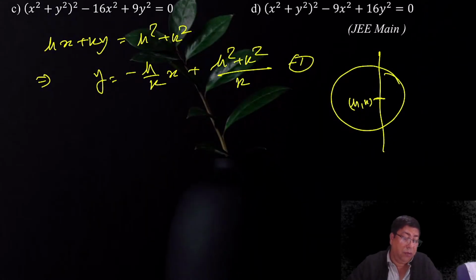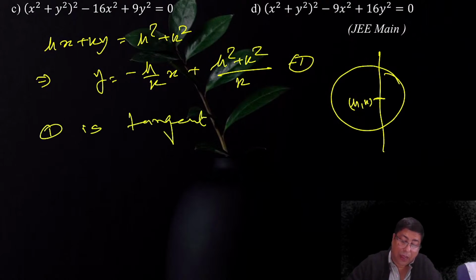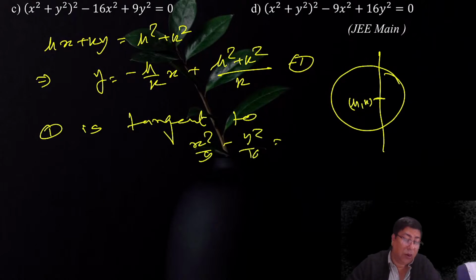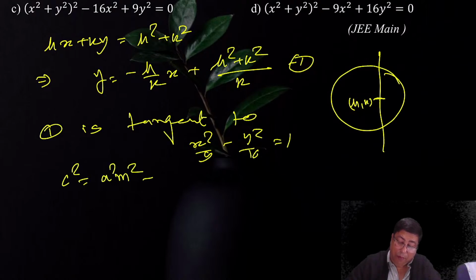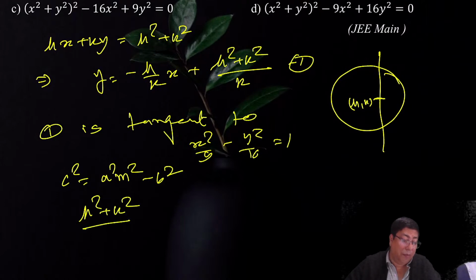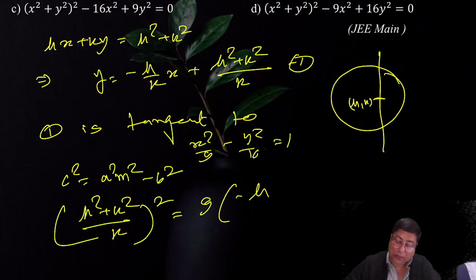So this one is tangent to the hyperbola x square by 9 minus y square by 16 equal to 1. Therefore, we can write c square equal to a square m square minus b square. Therefore, (h square plus k square by k) whole square equal to 9 into (minus h by k) whole square minus 16.